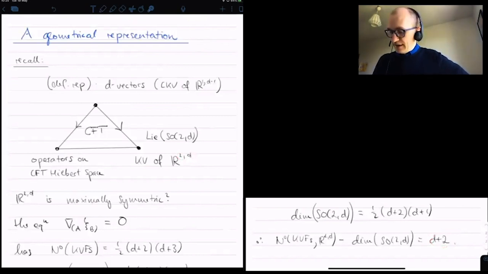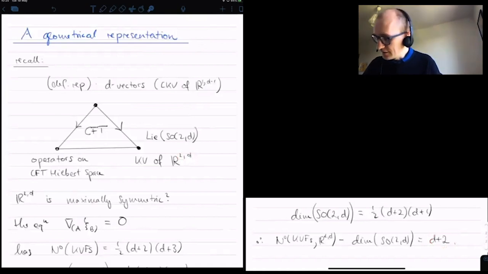So in fact, it's easy to immediately see what the missing isometries are. This guy here is like the Lorentz group, right? It's just the rotations that rotate also the 2 time directions. So it's like the 2-time Lorentz group. But we know that this flat space also has the translations. And the translations are, of course, generated by a vector.